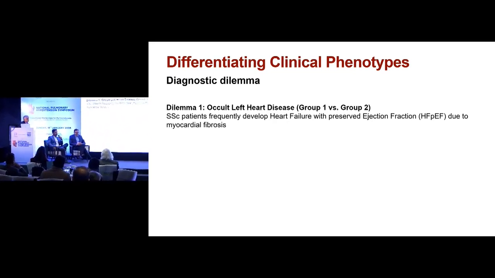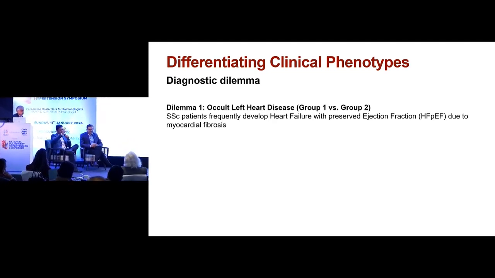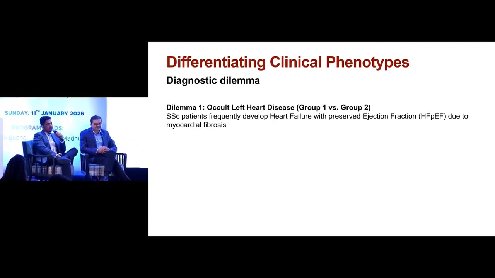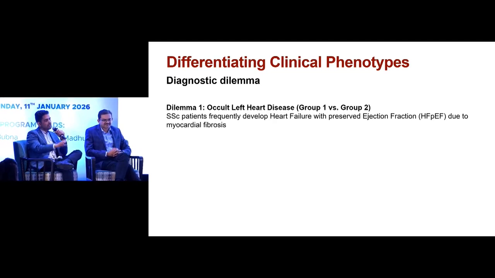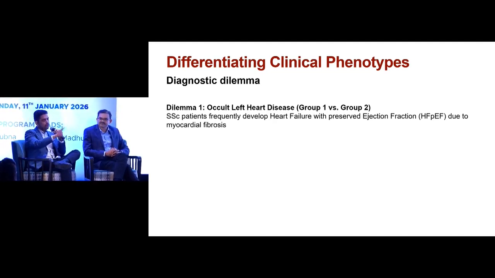There are dynamic phase mapping techniques that you can do with cardiac MRI, but still you cannot replicate the kind of information you get. There are certain groups working on trying to estimate pulmonary vascular resistance on cardiac MRI, but again, these are data from smaller cohorts. It's not been validated across larger cohorts. So it's not able to replace it, but I think this would be a good thing to do.